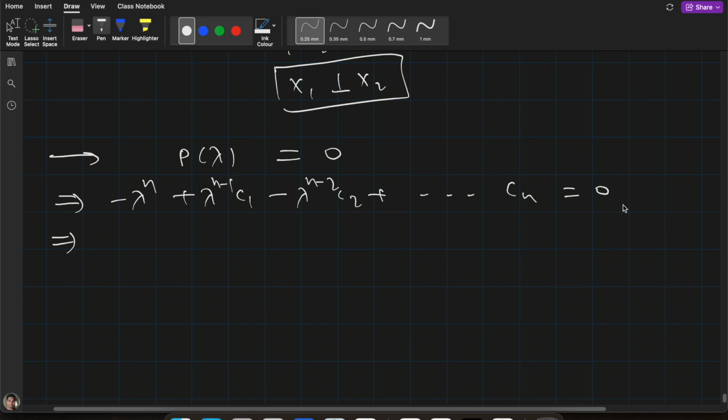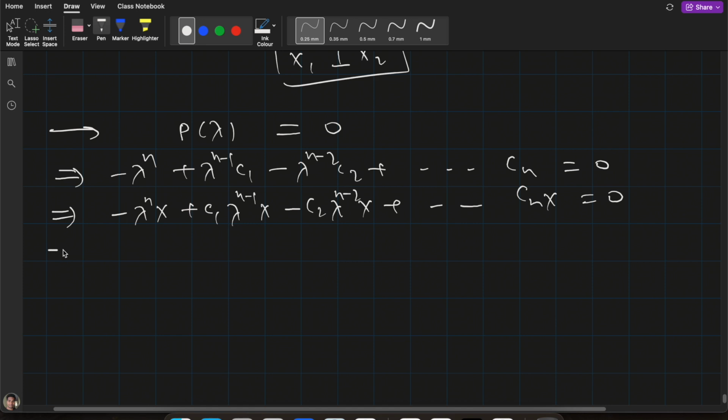Now multiply the equation with x. I will take c1, because it is a constant, so I will take c1 lambda n minus 1 x. Similarly c2 lambda n minus 2 x plus cn x equal to 0.